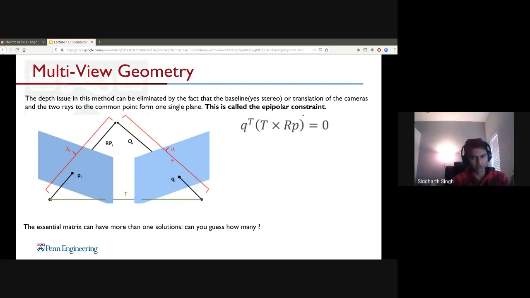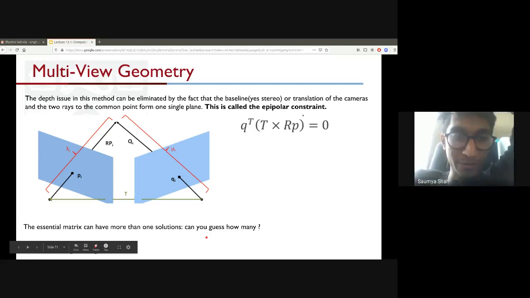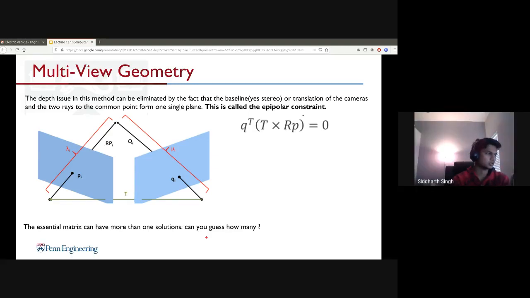Still, there will be more than one solution to T and R. If I find this E and I know that this q and p are in the left and right null space of E. Can the point be behind the image plane? Yeah, that's close. That's something that we are leading up to.